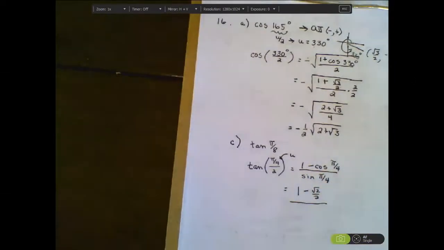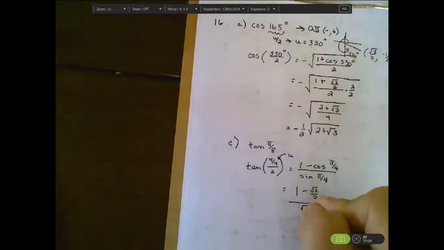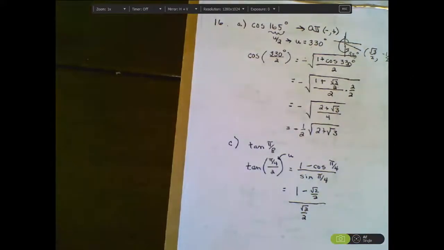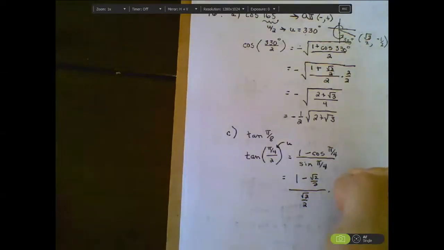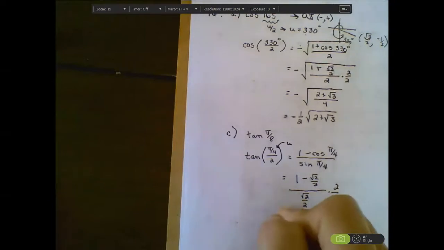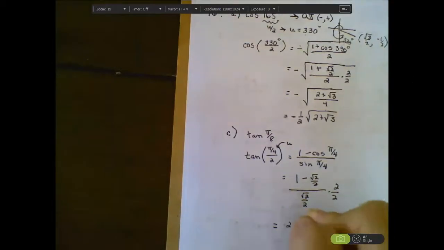And sine of pi over 4 is square root of 2 over 2. And if you just multiplied that whole fraction by 2 over 2 to clear out the complex fractions, that would be 2 minus square root of 2 over square root of 2.